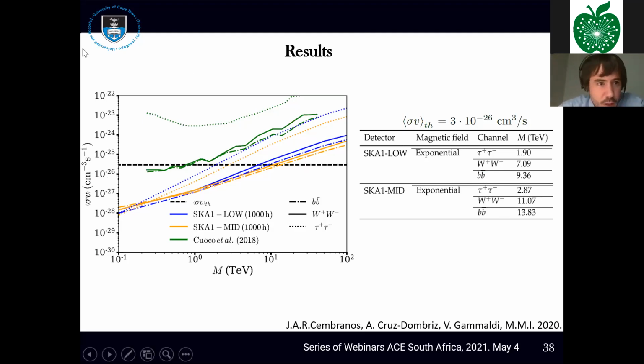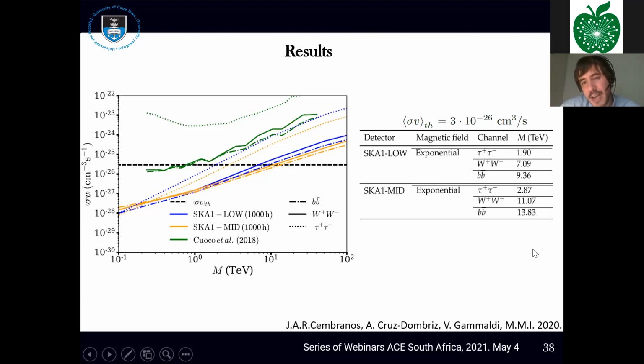For example, for SKA1 Low, the maximum mass that the SKA is able to exclude for an exponential magnetic field and for dark matter annihilating into tau minus is 190 TeV. For the case of W plus W minus it is about 70 TeV.